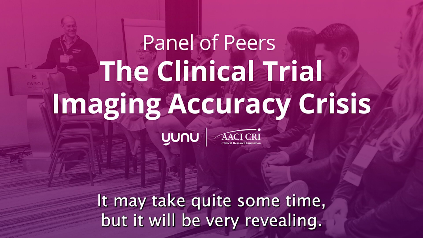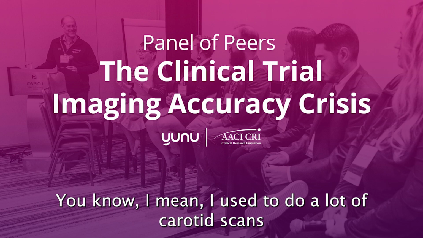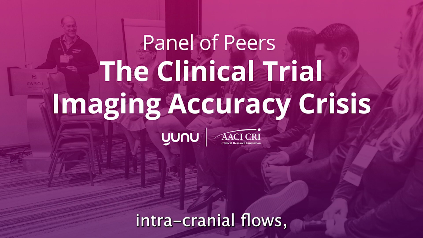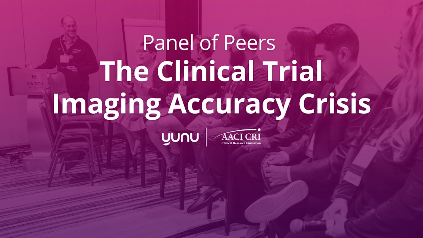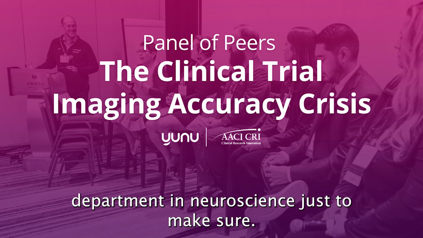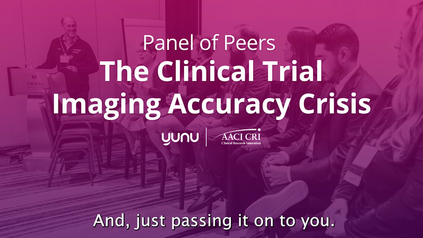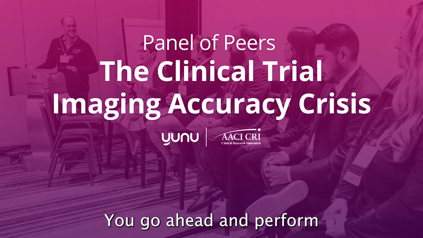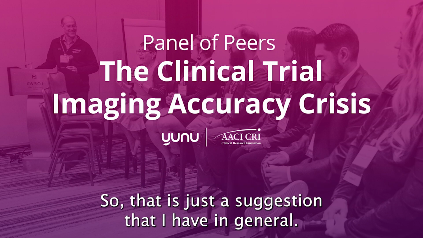It may take quite some time, but it will be very revealing. I used to do a lot of carotid scans and intracranial blood flows, and I realized that I had a margin of error myself. So we had to go through an entire study within the cardiology department in neuroscience just to make sure how accurate I am. And, just passing it on to you, you go ahead and perform the very same scan and the same measurements and see what our deviation was. So that is just a suggestion that I have in general.